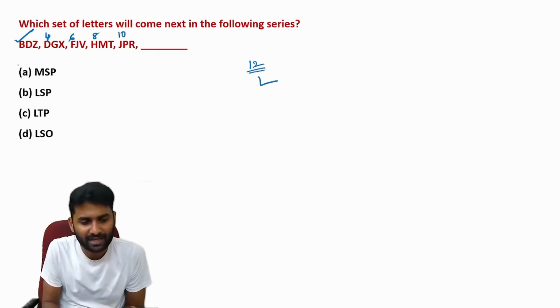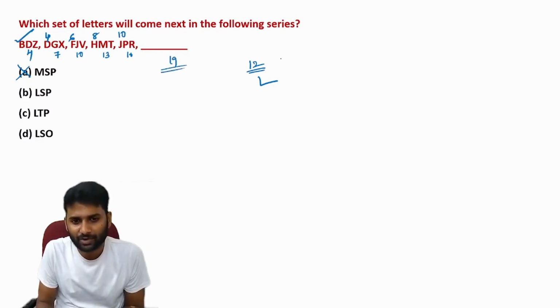The 12th letter must be L. Eliminate A. Now again fourth letter, seventh letter, 10th letter, 13, 16. We require the 19th letter. You already know the 19th letter is S. So we required LS. So again C is also eliminated.